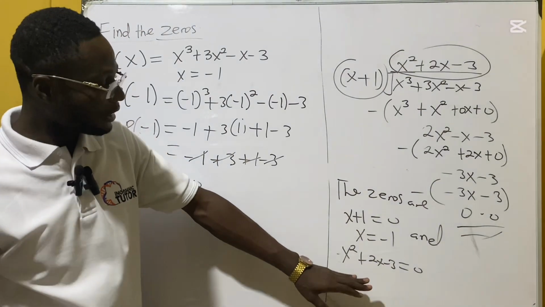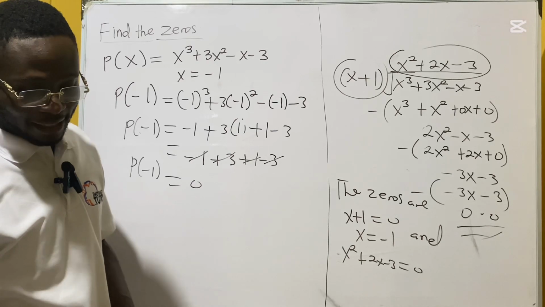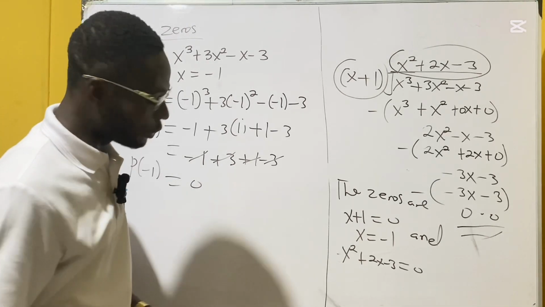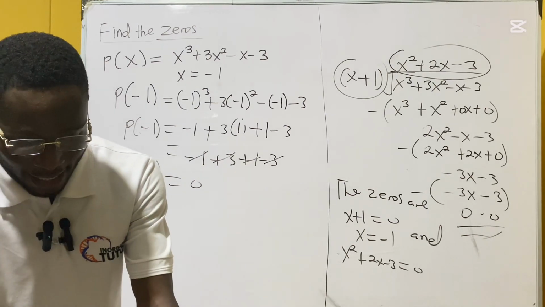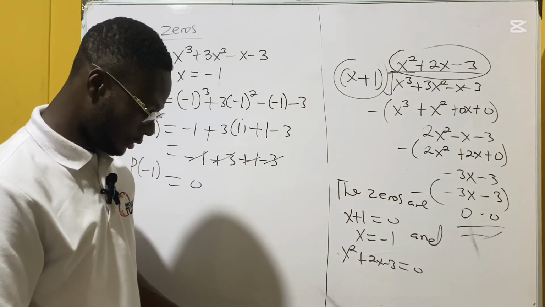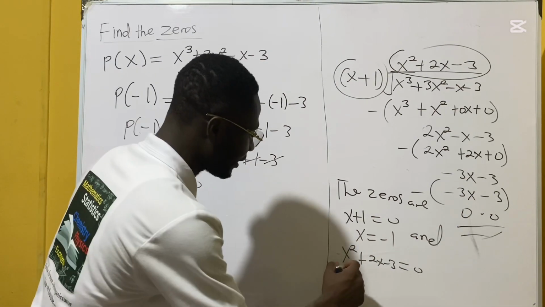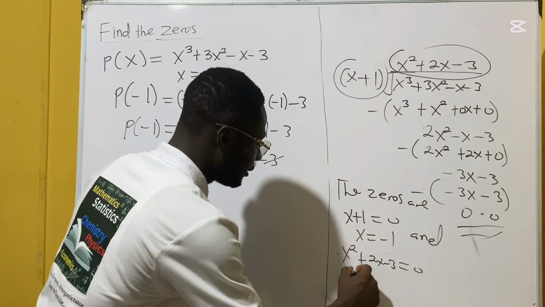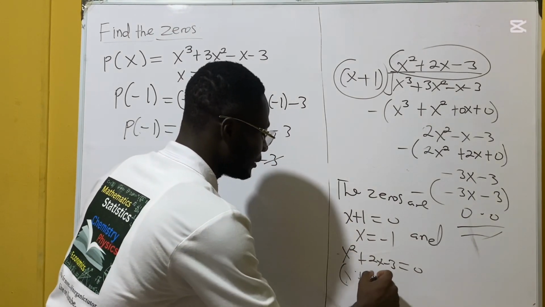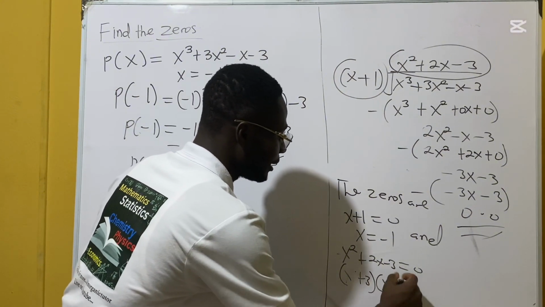Solving that quadratically, we can factor it to have x plus 3 and x minus 1.